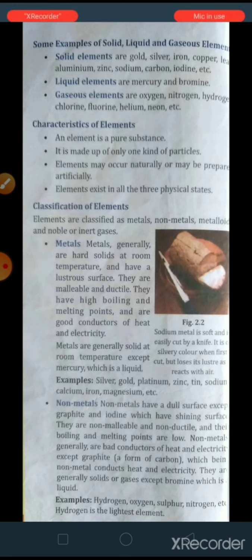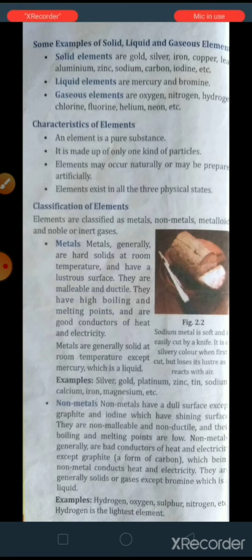So some examples of solid elements, means the elements which are found in the form of solid, are gold, silver, iron, copper, lead, aluminium, zinc, sodium, carbon, iodine and many more. Not only in solid form but also in liquid form some elements are found. Only two elements are in liquid form, those are mercury and bromine.